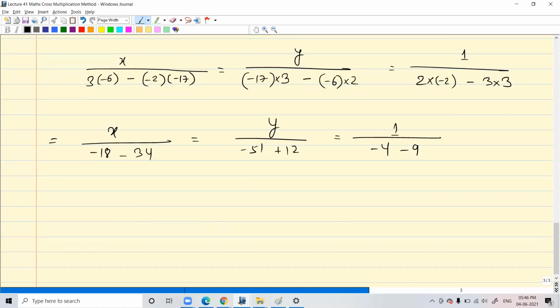So keep on writing like this and simplify it fully like this itself. So what should be the denominator? Tell me.